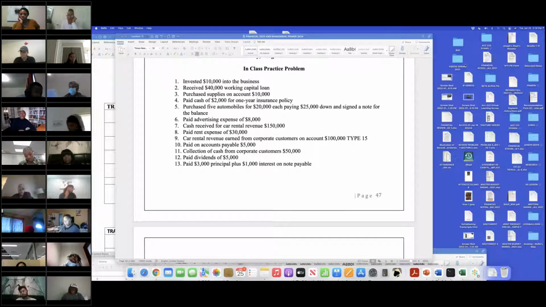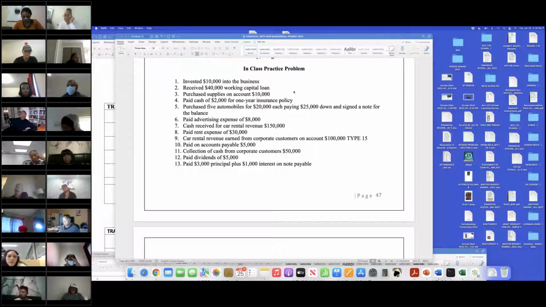Okay, received a $40,000 working capital loan. That's our second transaction. So just write that down if you don't see it. But you should have a copy of this problem, and it's in the primer. Received a $40,000 working capital loan. Okay, we're going to go to our types.